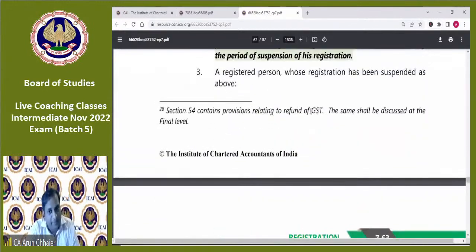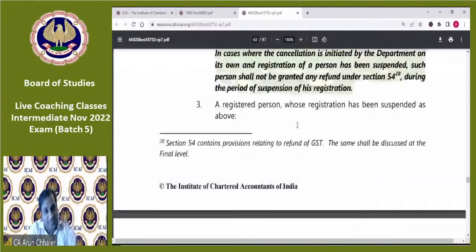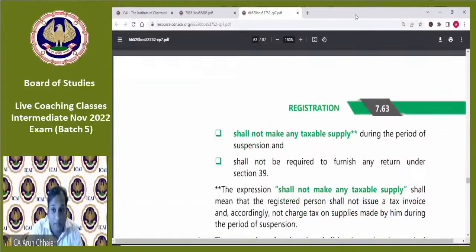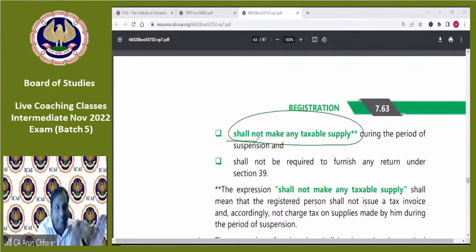A registered person whose registration has been suspended as above. Now underline, these are very, very important. Shall not make any taxable supplies. So it means if Mr. A's registration has been suspended, he cannot make the taxable supplies. After that, they have even given the clarification of what is the meaning of not make the taxable supplies.